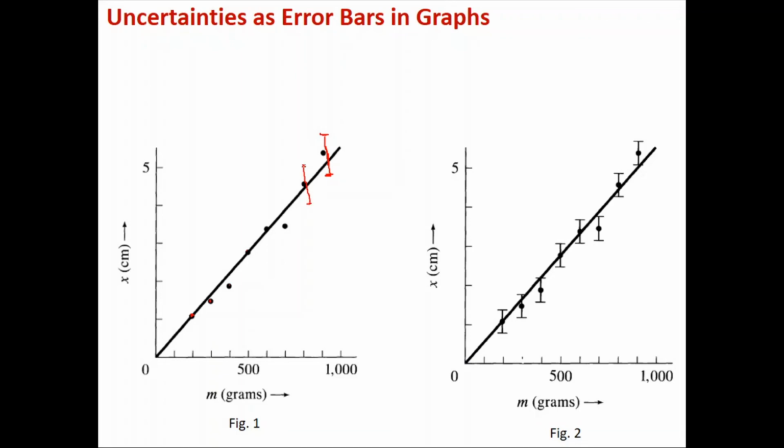Every measurement with its error bars is indicated here, and this line is passing so that it passes through all of the error bars. It does not skip any of the error bars. For example, here this is not shown very well. At least this one should be something like this, so that this line is passing through this one also.